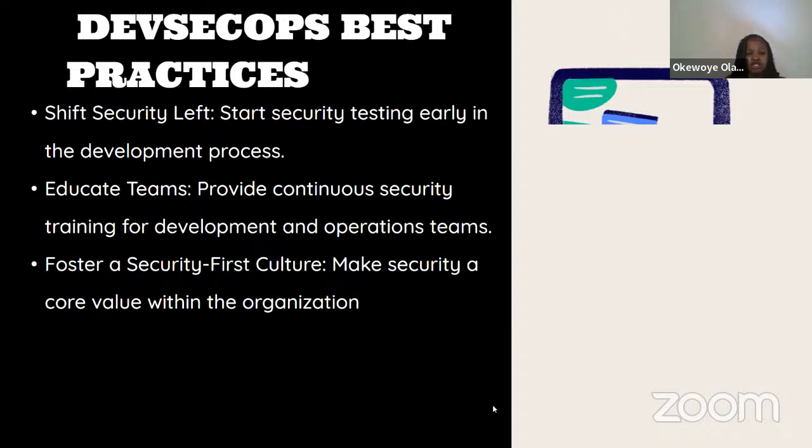So continuous events and trainings, so that they can easily adapt to those developments. And we have foster a security-first culture and make security a core value within the organization. It's just as what we've been discussing so far.